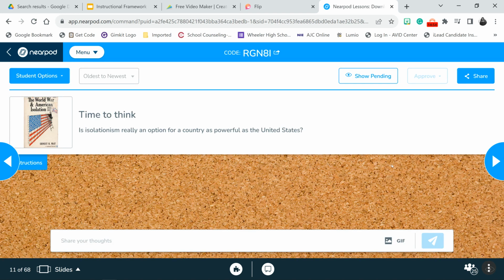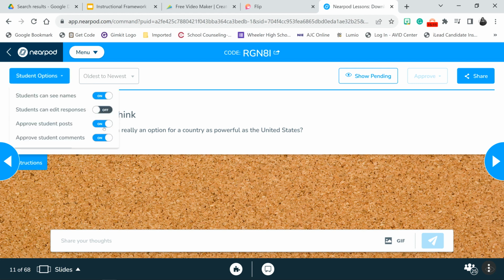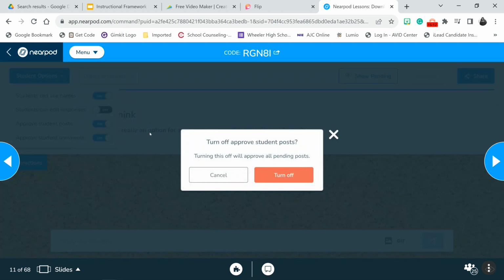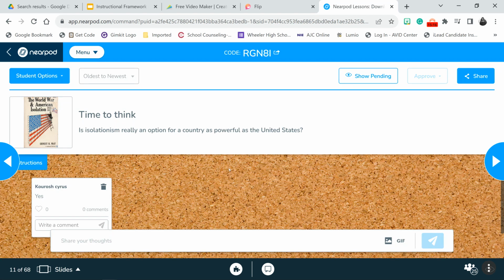All right. Time to think. So I'm going to give y'all about a minute or two to do this right here. Is isolation really an option for a country as powerful as the United States? This is opinion. Yes or no, and why? Do not give me no big old dissertation. Yes or no, and why? That's all I want to see. Put that in your Nearpod.